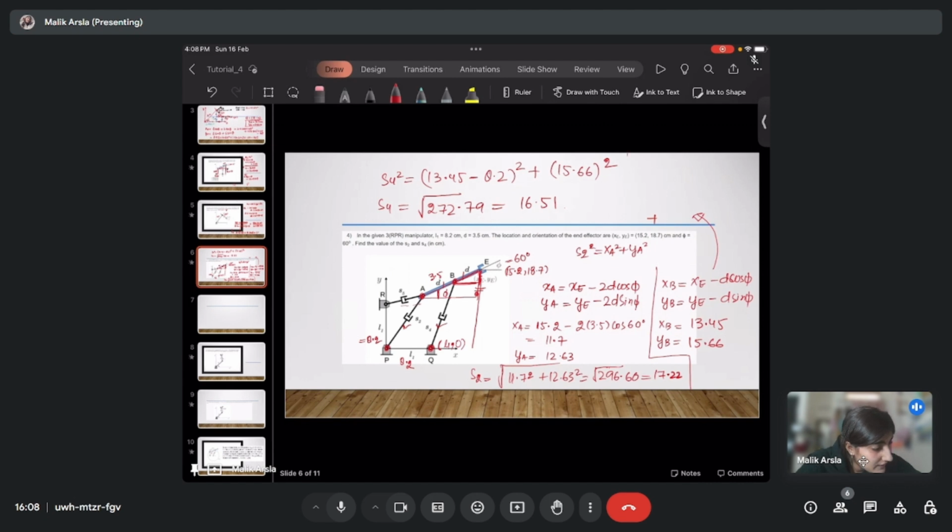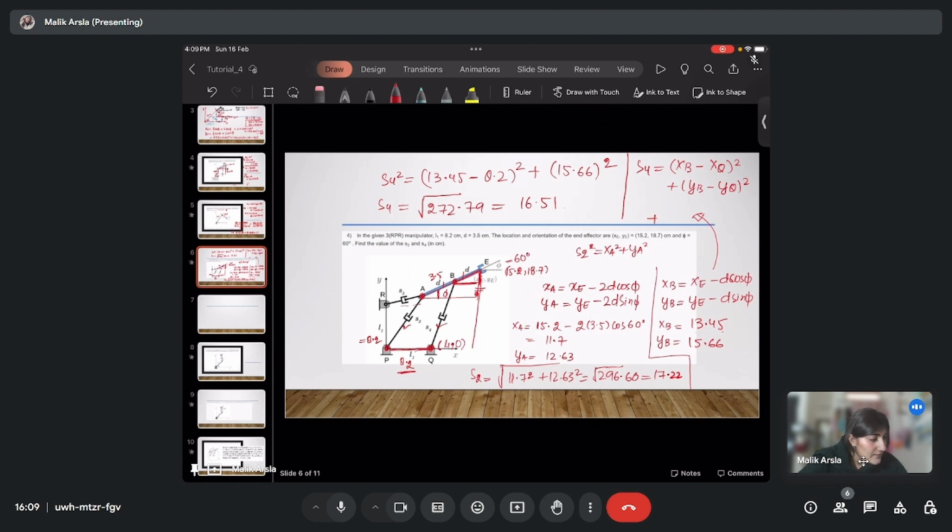So you can write S4 as x coordinate of B minus x coordinate of Q whole square plus y coordinate of B minus y coordinate of Q whole square. Now xb we have figured out as 13.45. xq is nothing but this L1, and that is given as 8.2, so I subtracted that 8.2 from here.